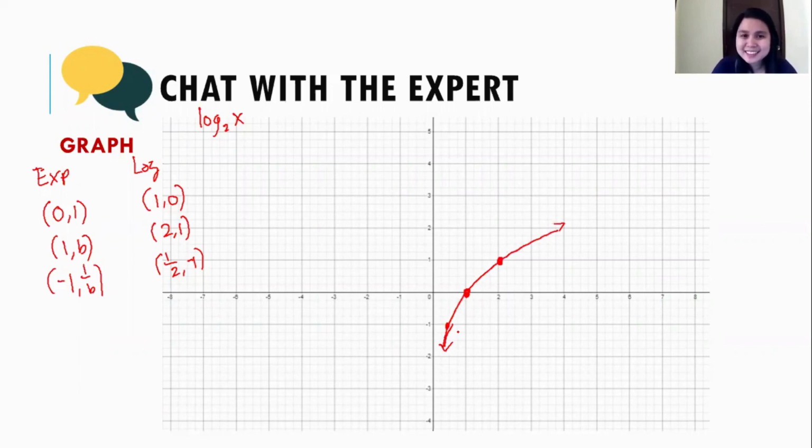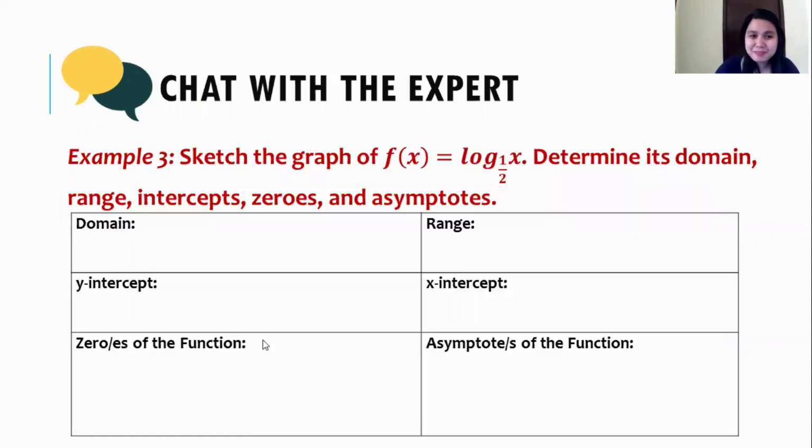Questions? Let's get to the next one. Okay. Our given function is log base 1/2 of x. In our chat box, can you tell me what is our domain?